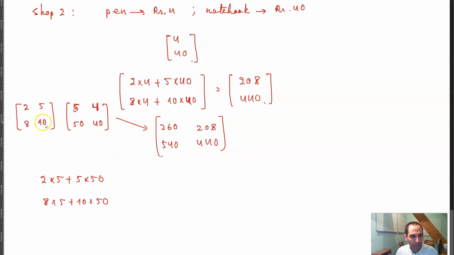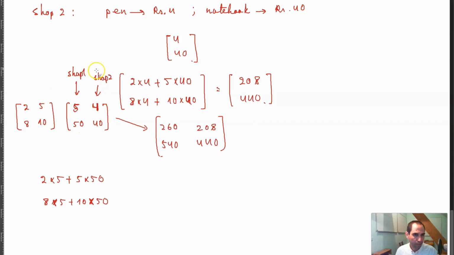And then you can again do the same thing for Mira and Nadim for shop number 2. So this is shop 1, and this is shop 2, right?